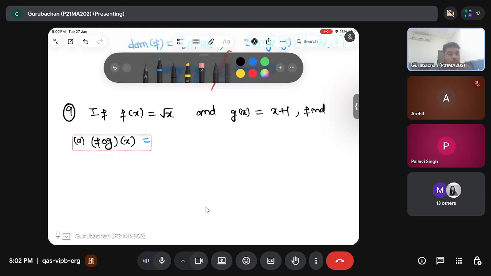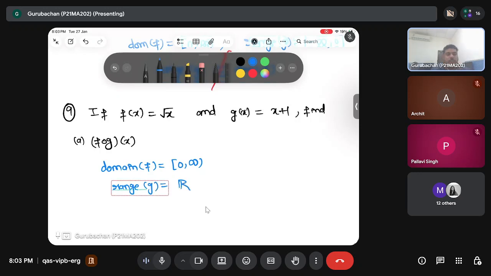So before doing this composition, what you should check: the domain of f is 0 to infinity, and the range of g is the whole real number.